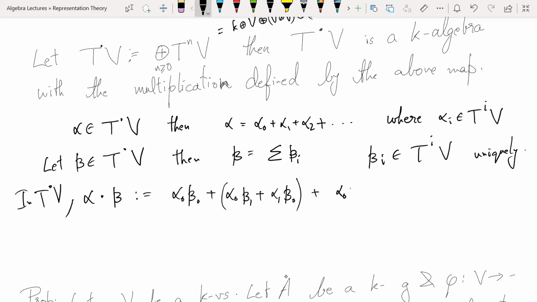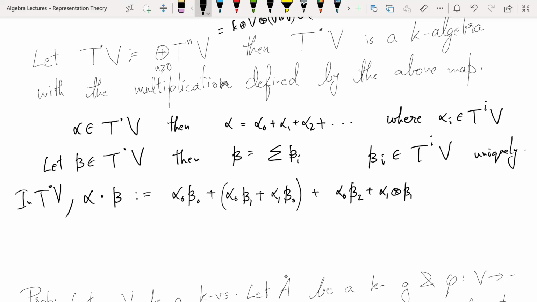But next: alpha 0 beta 2 plus alpha 1 tensor beta 1.